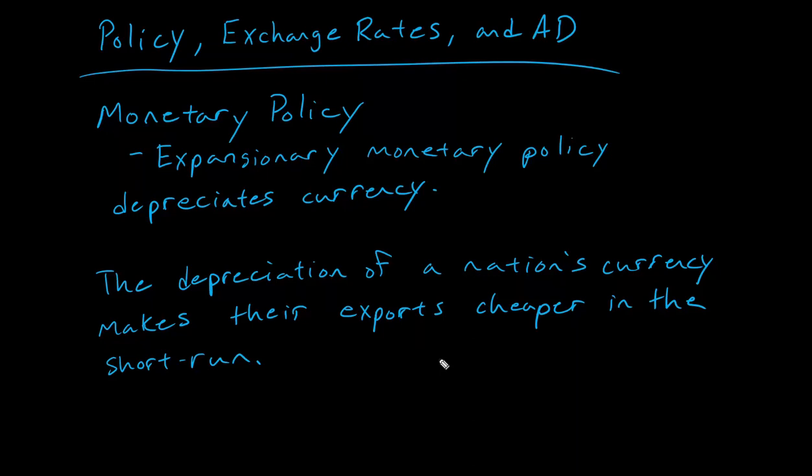And you put that on a larger scale, and you're going to see an increase in the demand for a nation's exports. This is one of the reasons why people often complain about China depressing the value of their currency.